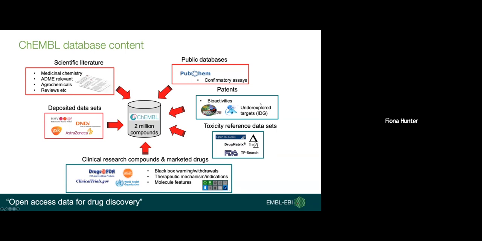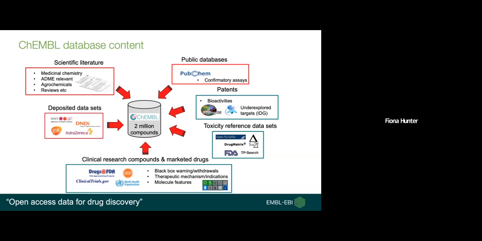In particular, we've been involved with a project called IDG, Illuminating the Druggable Genome, which aims to focus on underexplored targets. And then we look at the full scope of the drug discovery pipeline, which includes toxicity.